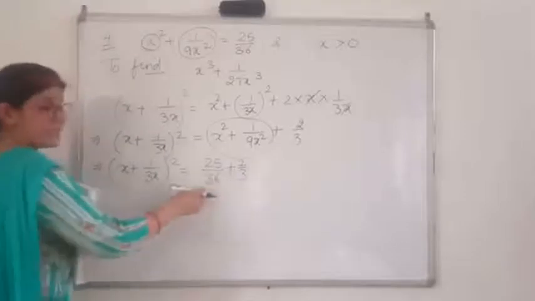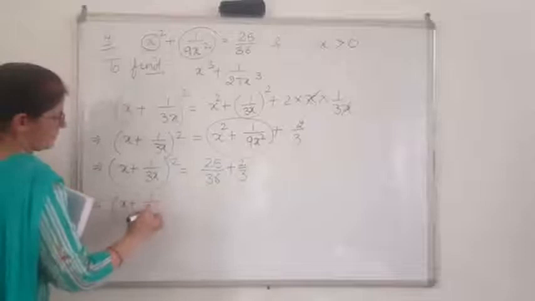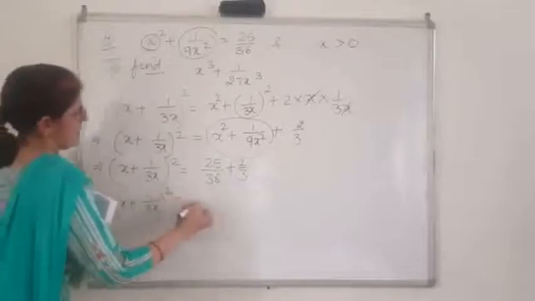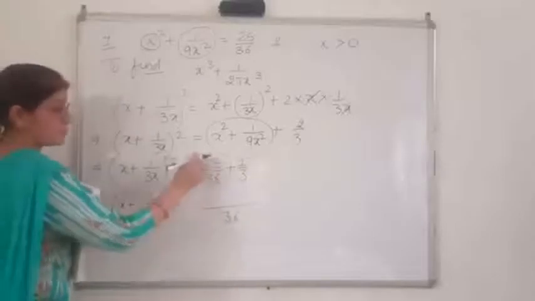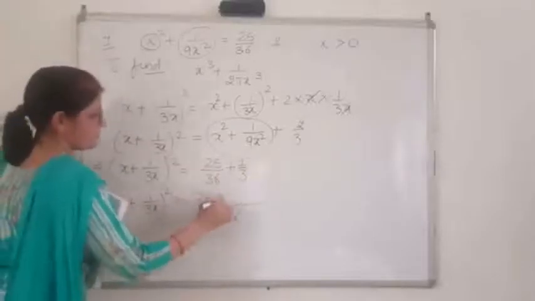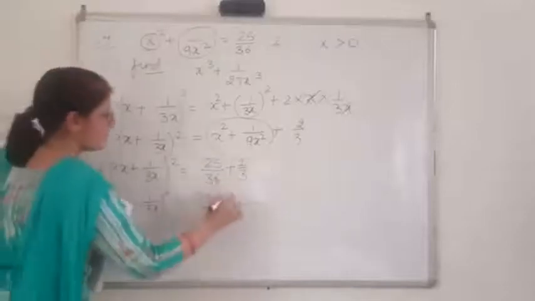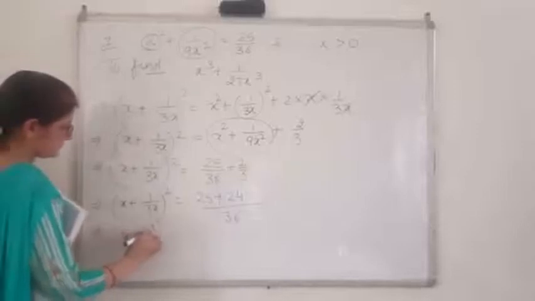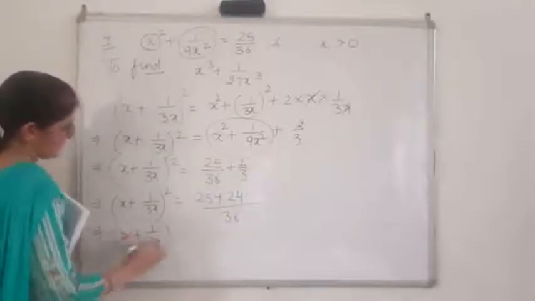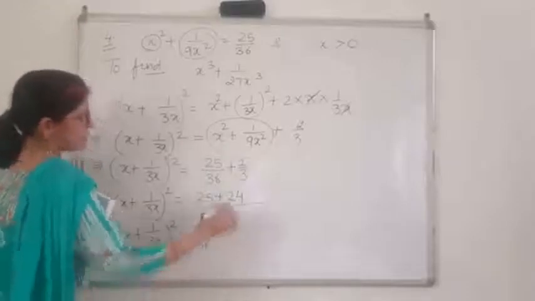We will take the LCM. LCM will be 36. So the same numerator will come here. When we divide 36 by 3, we get 12. 12 twos are 24. We add it, and we get 49 upon 36.